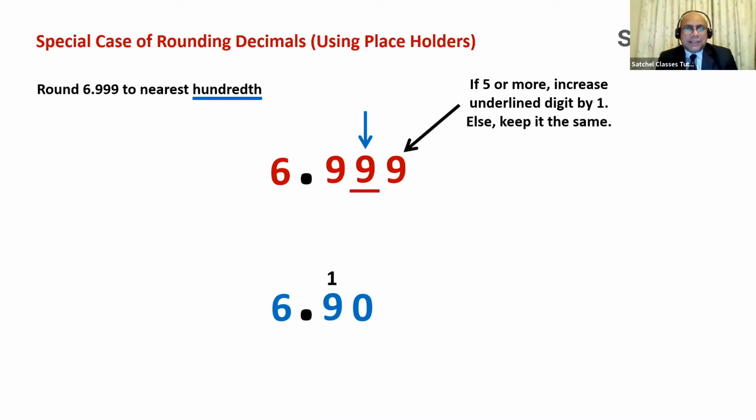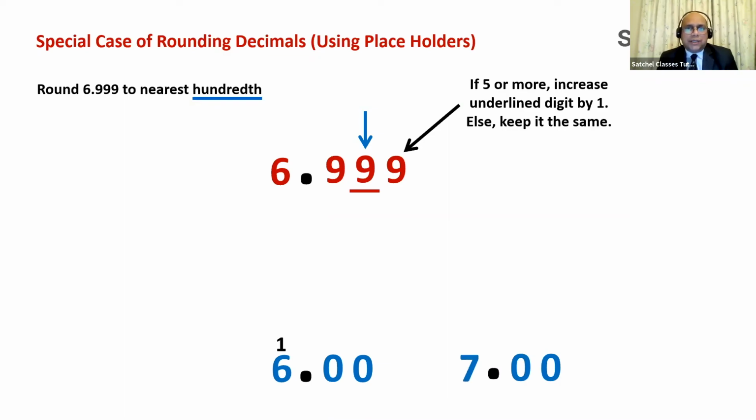Incidentally, the preceding digit itself is a 9 again. So 9 plus 1 is again 10. So we replace the second 9 also by 0, and the 1 of the 10 will be carried over to 6. Finally, we get 1 plus 6, which is 7. So that's your final answer, 7.00.